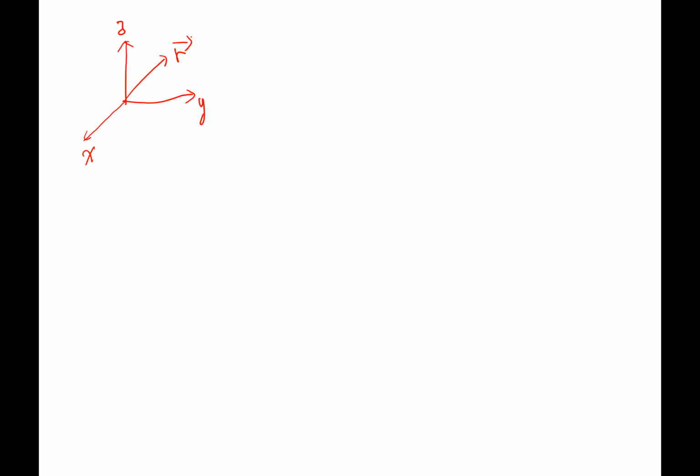We specify this as r equals xi plus yj plus zk, where i is a unit vector along the x-axis, j is a unit vector along the y-axis, and k is a unit vector along the z-axis.